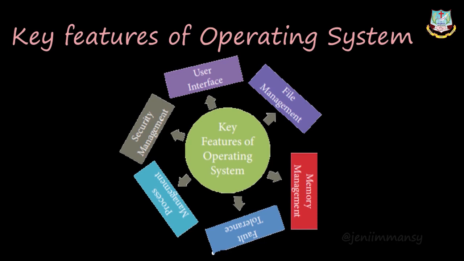We saw this point in the uses of operating system also. According to the customer's needs only, a producer or seller will do the processing. Likewise, here the user interface is designed according to the customer's needs.